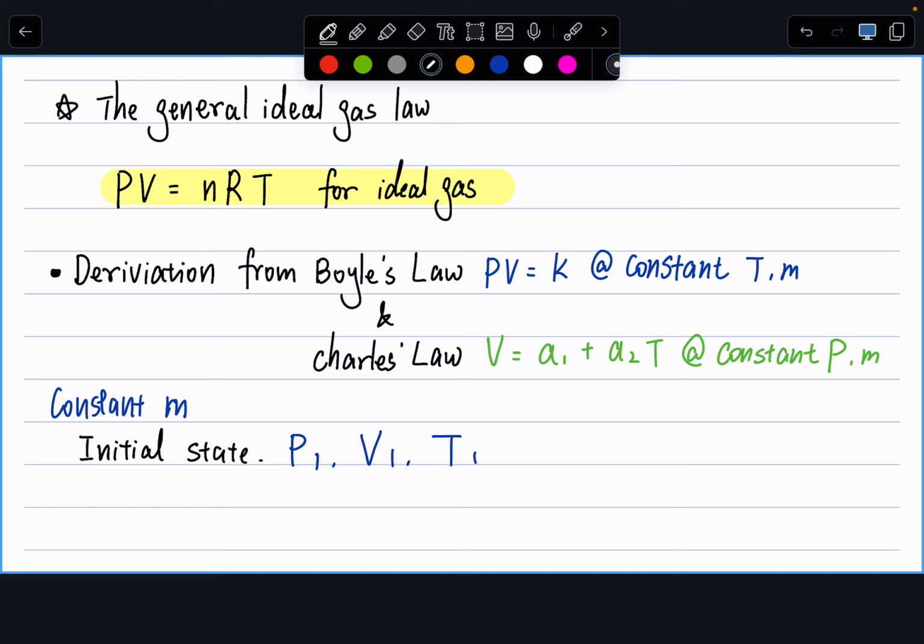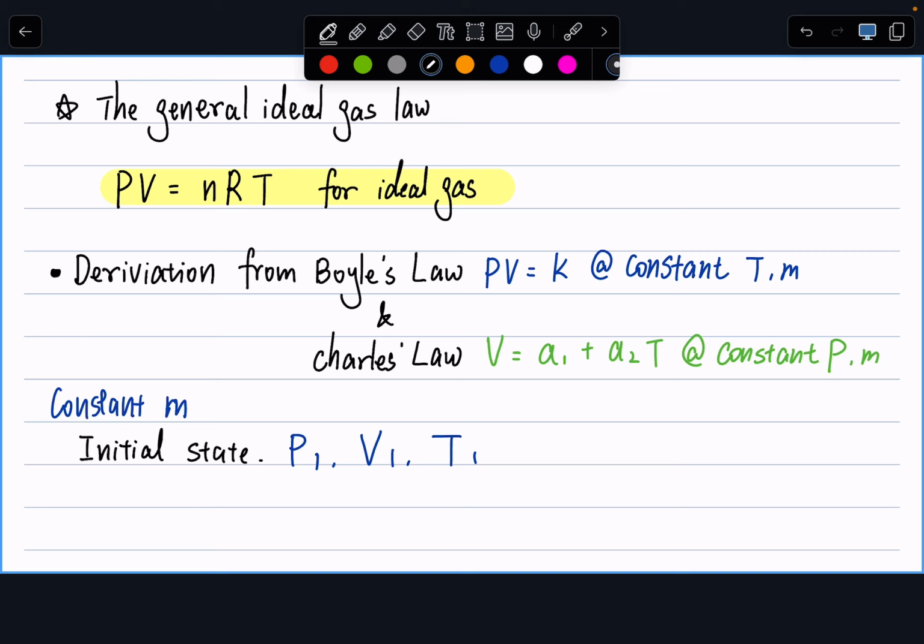In step one, we're keeping temperature constant and only change P and V. So we're moving to an intermediate state, where my pressure is changed from P1 to say PA, volume is changed from V1 to VA, my temperature remains the same, my mass remains the same, like these remain the same in my first step.